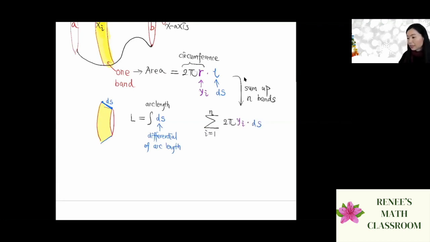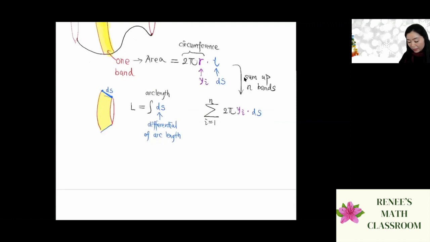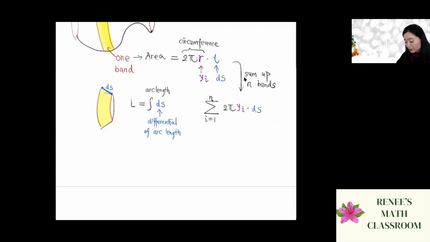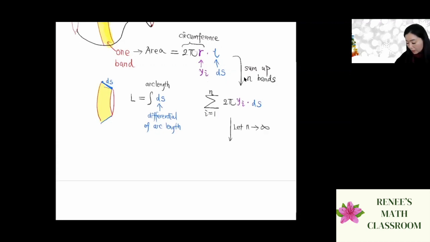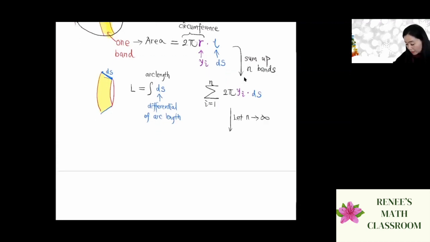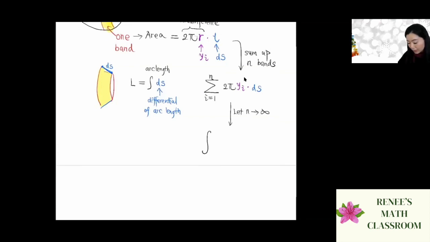Now remember, we can let this n go to infinity, so we can slice it even thinner. So now we let n go to infinity, and then we get this integral, right? The limit of this Riemann sum is this integral. What integral would that be? That will be 2 pi, and now we replace the yi here by y, and then ds.